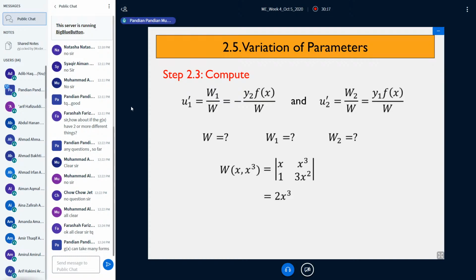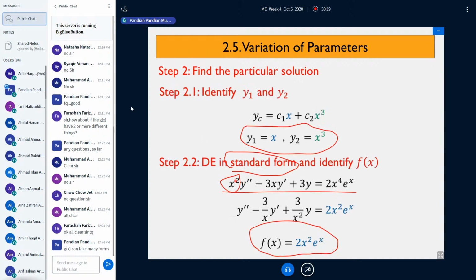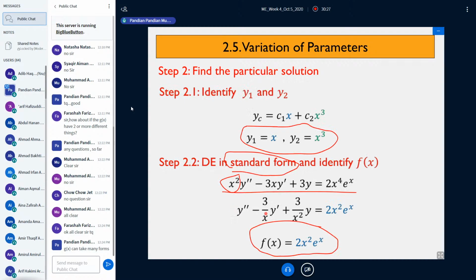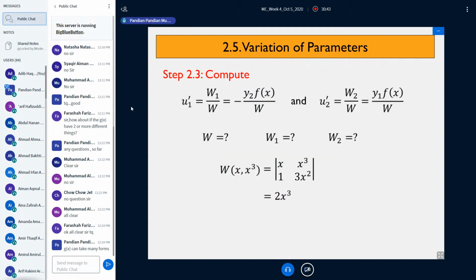So the important thing is you have to be careful when there is a Cauchy-Euler, then you have to make it standard form. Of course, this is a non-homogeneous ordinary differential equation, not constant coefficient, but still this is Euler-Cauchy. Anytime you can refer back to the previous one. So you already have f(x), y1, y2.